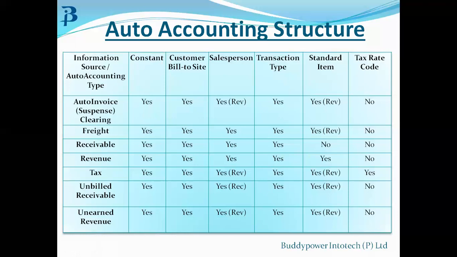Suppose you select the standard item value for your unbilled receivable account. Oracle Receivables uses the revenue flex field that you specify in the setup. If you select salesperson, receivables uses the salesperson receivable flex field.